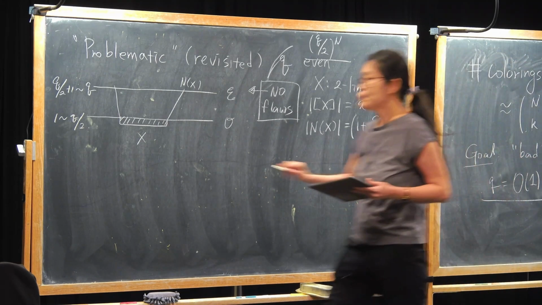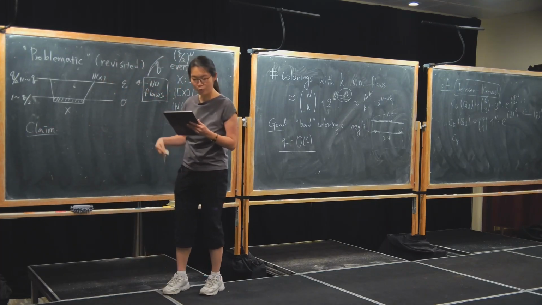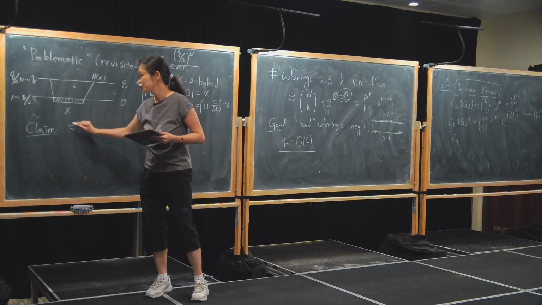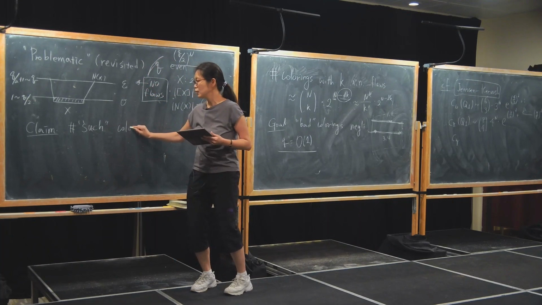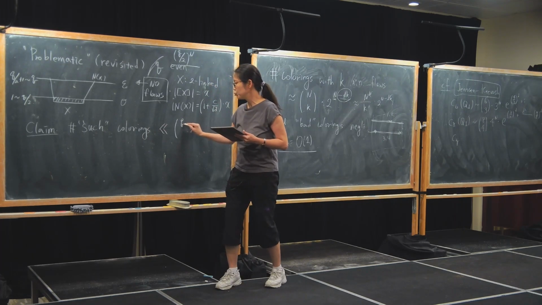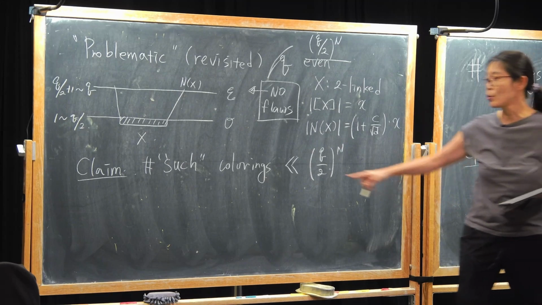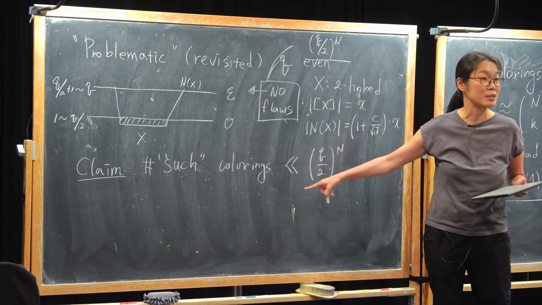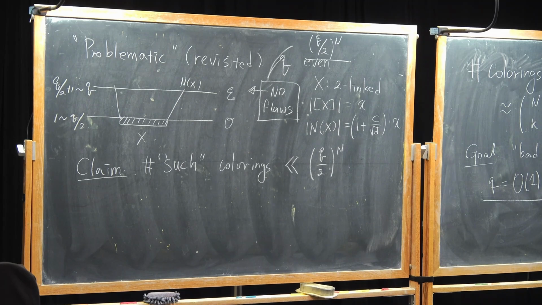And then my claim, or the goal of today's lecture, or maybe next lecture, is to show that the number of such colorings is much smaller than q over 2 to the n. And of course, here, much smaller means this is exponentially smaller than q over 2 to the n. This is our goal.